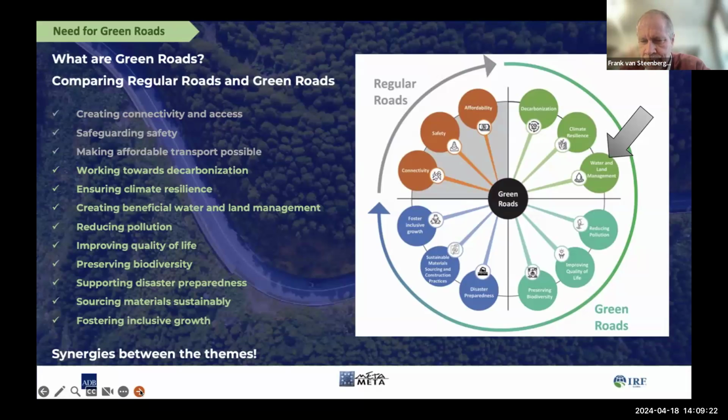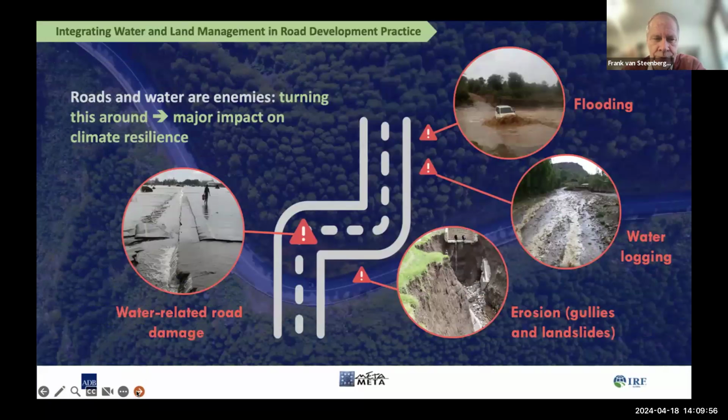What we discussed today, water and land development. And then the other issues, reducing pollution, improving the quality of life, preserving biodiversity, disaster preparedness. We all know the images that after a flood, you'll see people stranded on the roads as their place of rescue, but also sustainable sourcing and fostering inclusive growth, and all the synergies between them. So this is, in a nutshell, what is in the Green Roads Toolkit, and also what is very much in the vision for Green Roads.